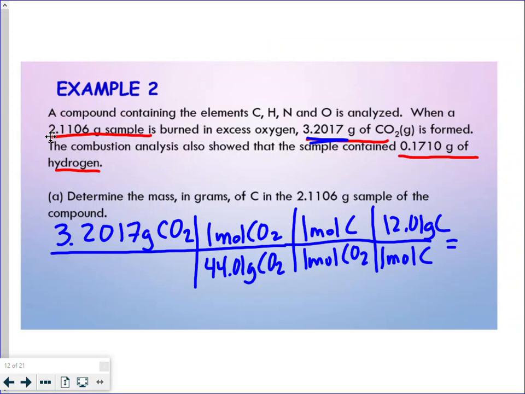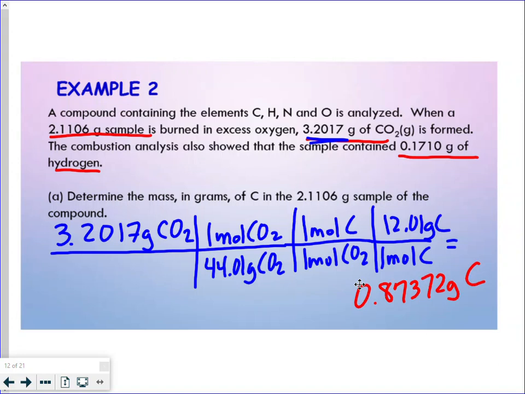Set it up the same way that you did in the first example problem. So quickly calculate that one. So what did we get here for our grams of carbon? 0.87372 grams of carbon is correct.